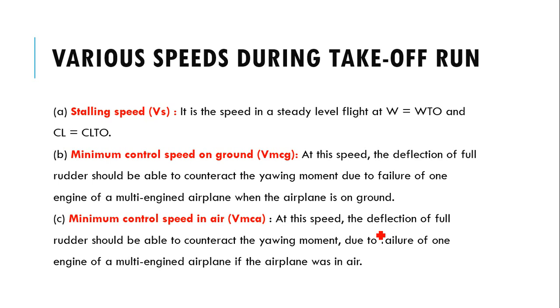Here we have different speeds. One is the stalling speed, which we know already. When the CL is maximum, the velocity at that time is called the stalling speed. Next is the minimum control speed on ground.